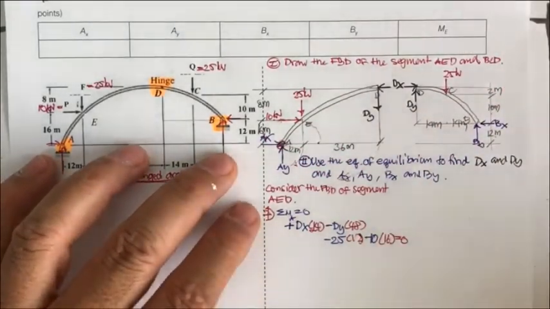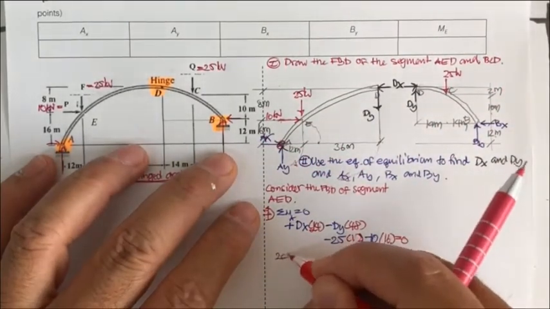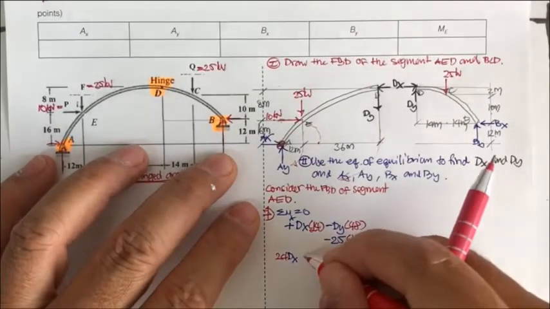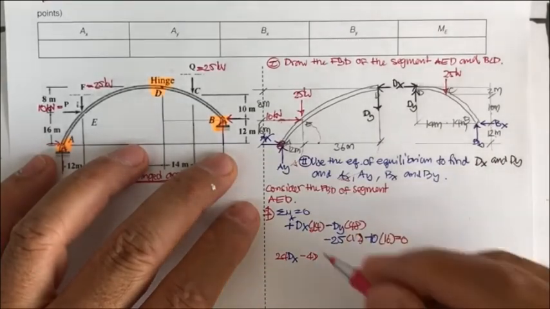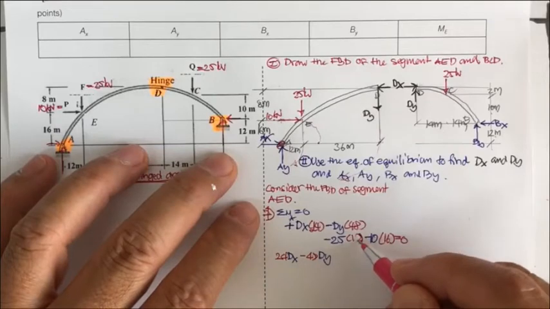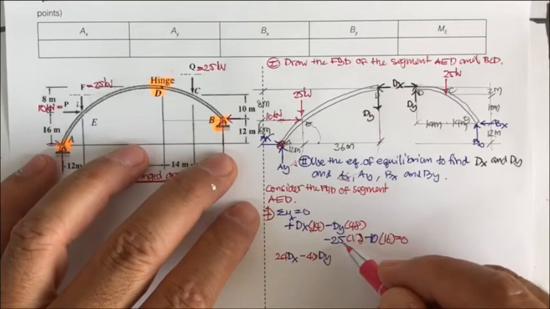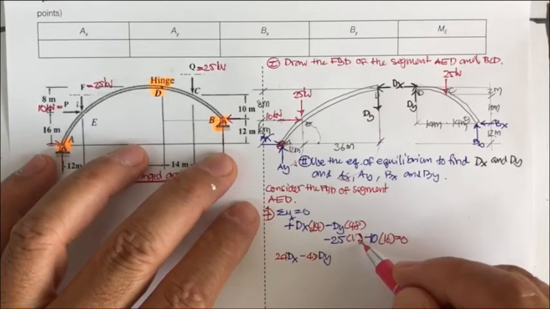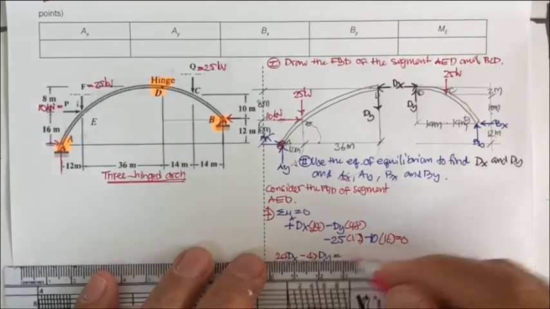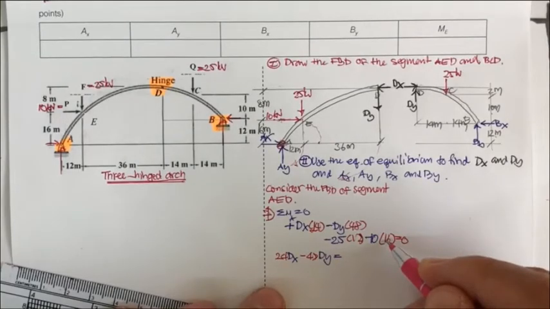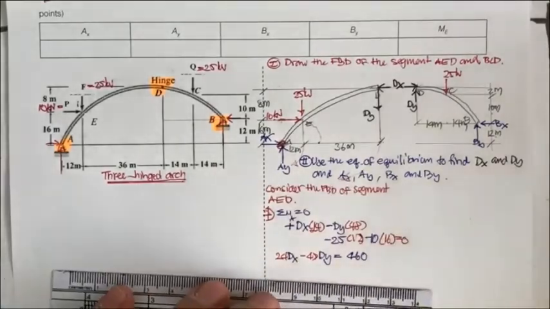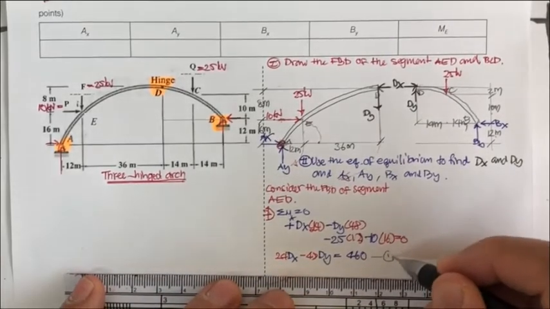And then you will get 24 D sub x and minus 48 D sub y. And you put this 12 times 25, which is going to be 300, right? Okay. And then it's going to be 300, and this is 160, so it's going to be 460. And this is going to be the first equation.